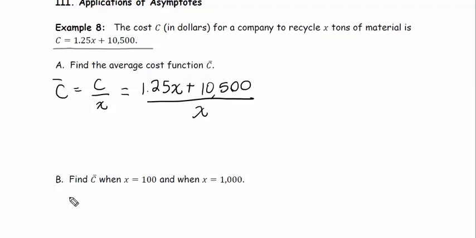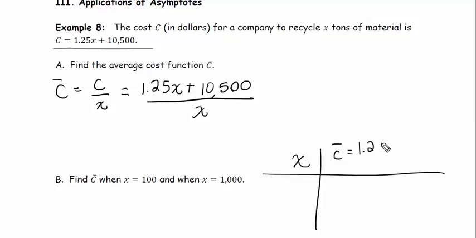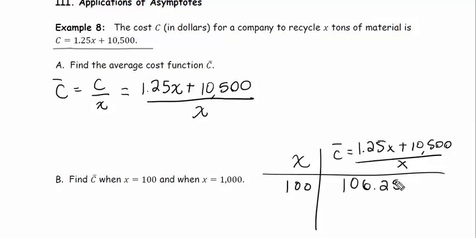We want C bar when x is equal to 100 and when x is equal to 1,000. If I substitute in 100, I get 106.25. I'll let you try that on your own. I know how excited all of you are. And if x is 1,000, I get 11.75.